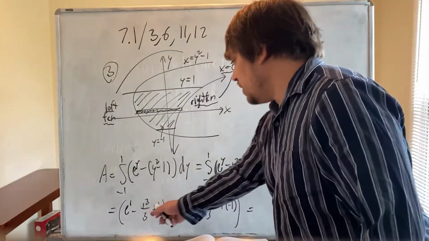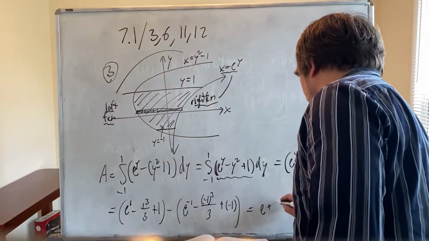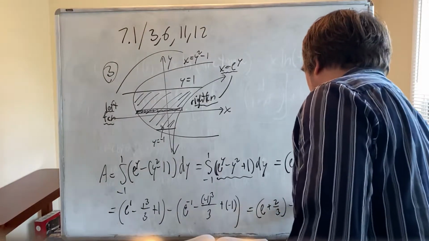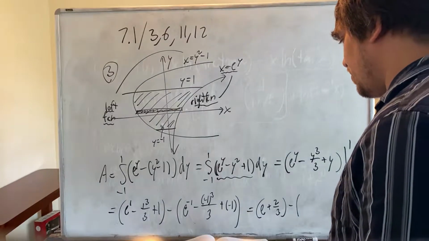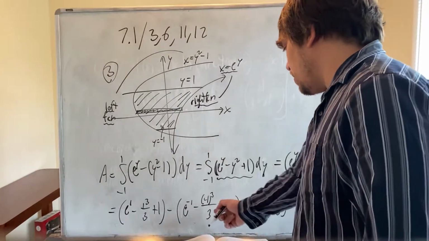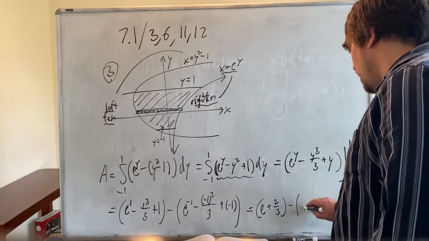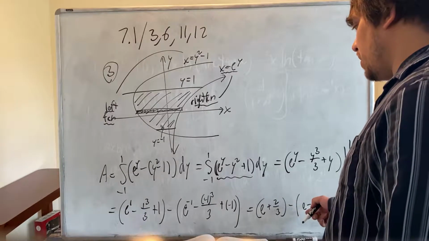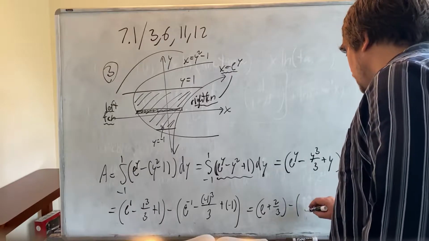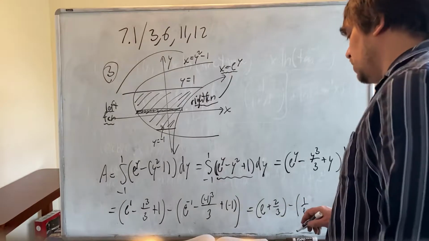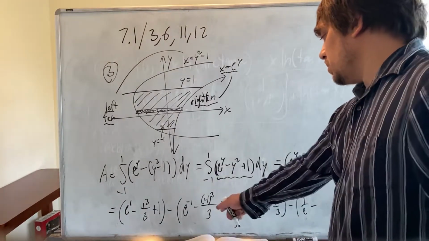So then e plus 2/3, minus, it will be negative 1/3 minus 1, negative 4/3. So it's minus e, minus in parentheses, e to the negative 1, which is 1 over e, minus 4/3.